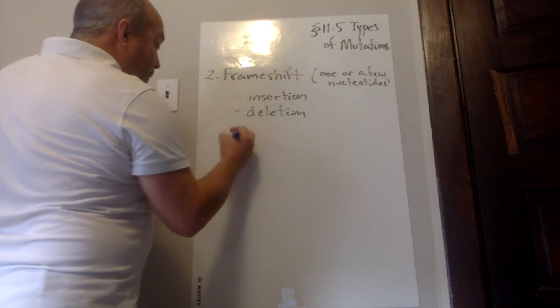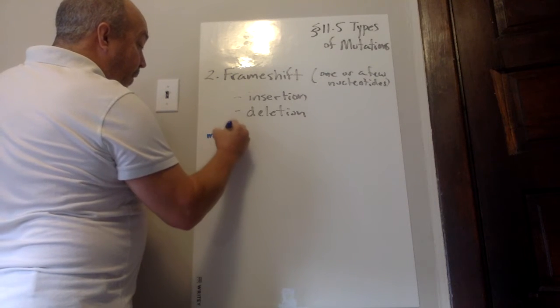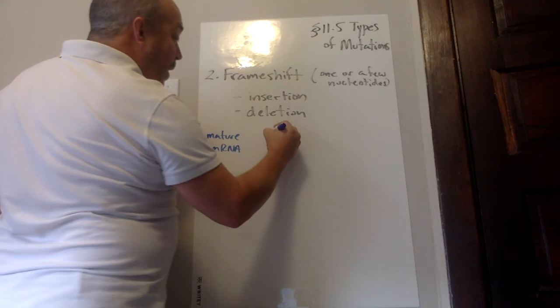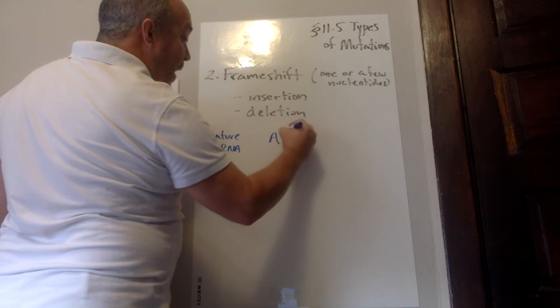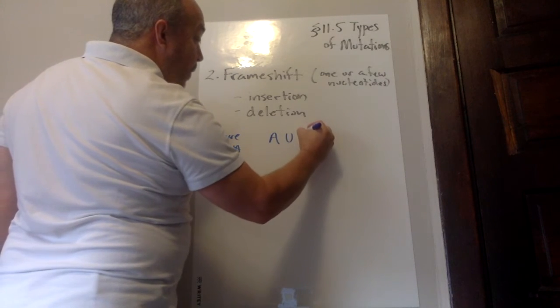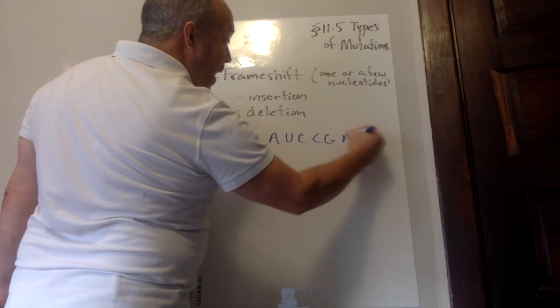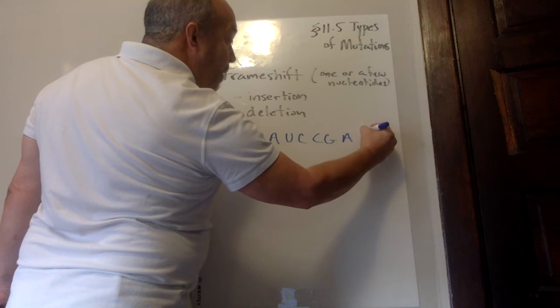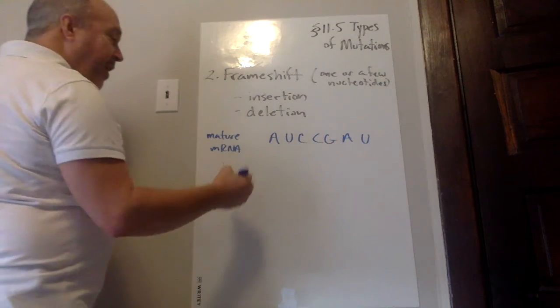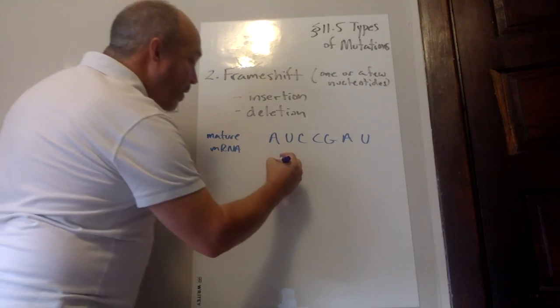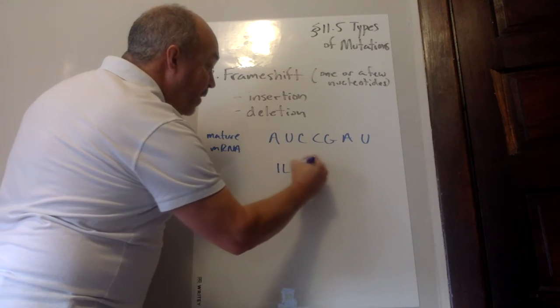So if our original code, let's say here's my mature mRNA. If the original code was A, U, C, C, G, A, U, doesn't really matter. All right, so AUC, if we look on our code, this is going to code for isoleucine.